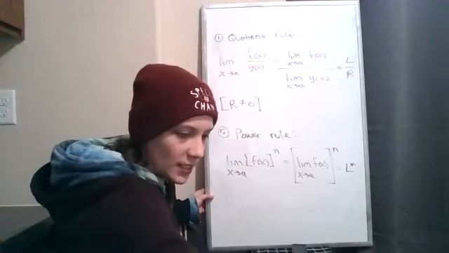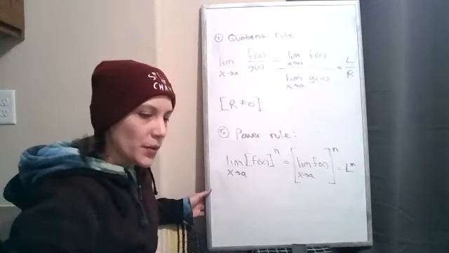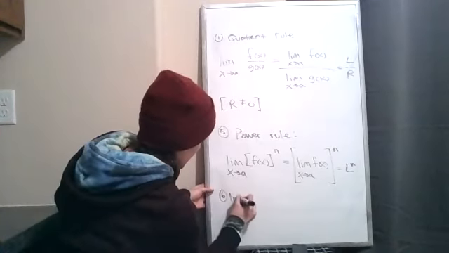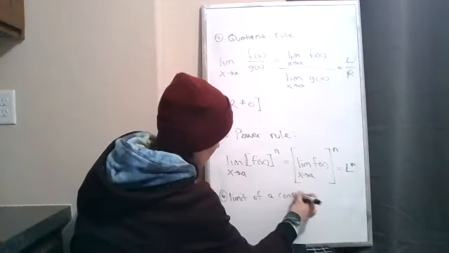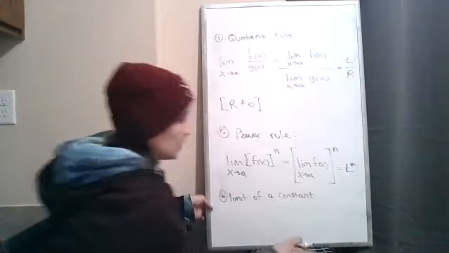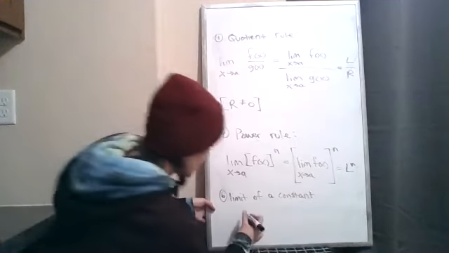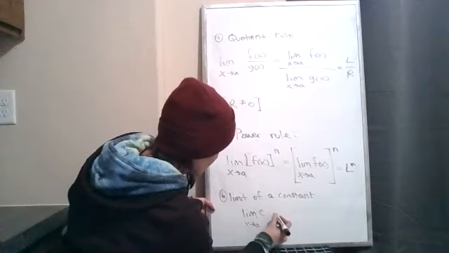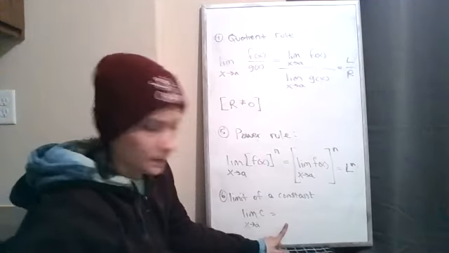And limit of a constant. So these ones now are kind of like for specific functions. So number 6, limit of a constant. If you take the limit as x goes to a of some number c, it equals c.